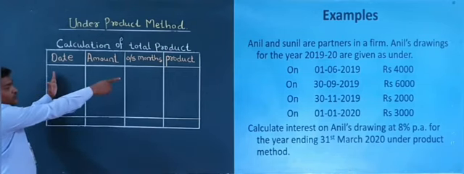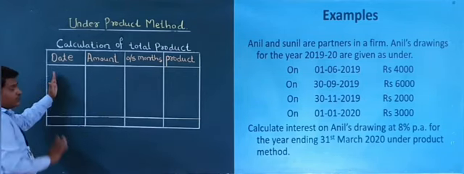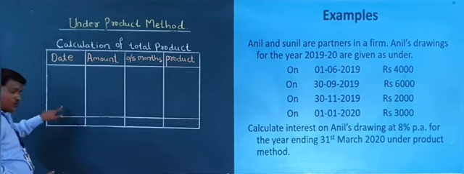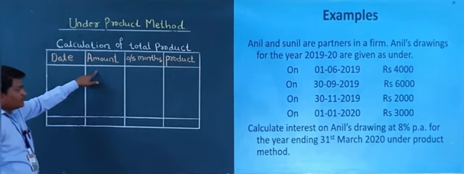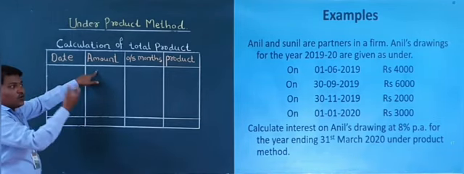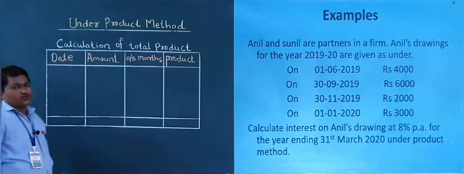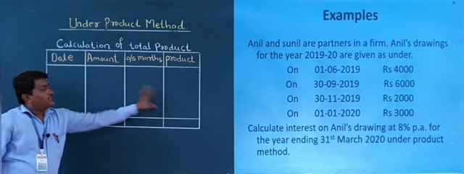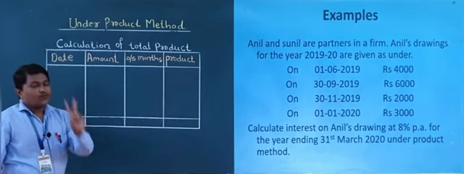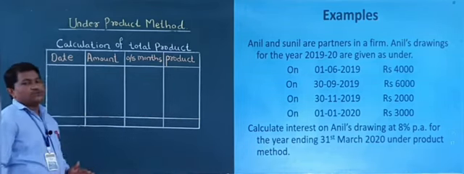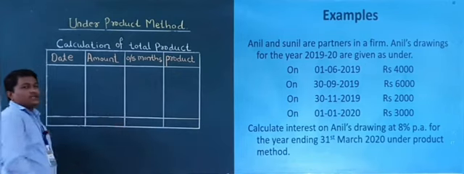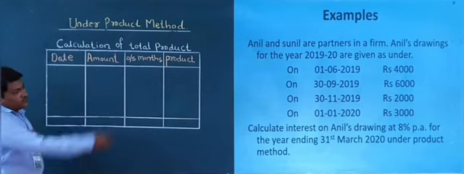Date means the date on which he withdrew the drawings amount, and the amount column means how much he withdrew on that date. Out of four columns, two are already given in the question paper. First of all, I write all these amounts and dates.